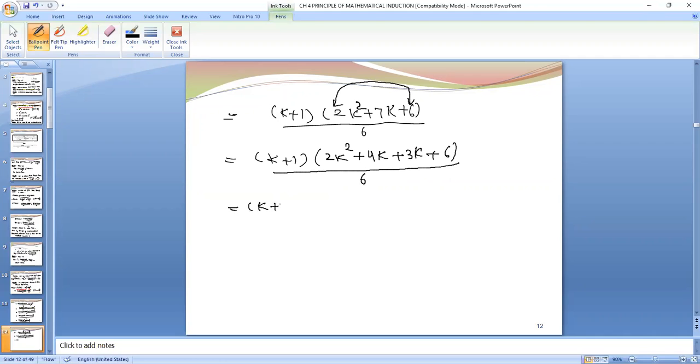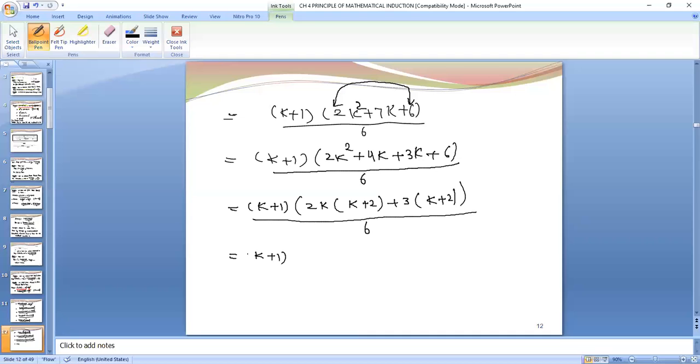So it is k plus 1, 2k square plus 4k, we are taking common 2k. In the bracket, we are having k plus 2. And here we are taking 3 common. In the bracket, k plus 2 upon 6. Then k plus 1, k plus 2.